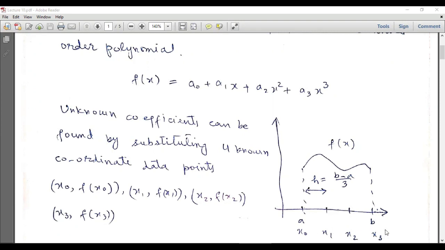So x0, x1, x2, and x3 are our 4 points. By considering these 4 points, we can see that Simpson's 3/8 rule will be based on three segments of the function. This is the first segment, this is the second segment, and this is the third segment. So the step size in this case will be equal to (b minus a) divided by 3.